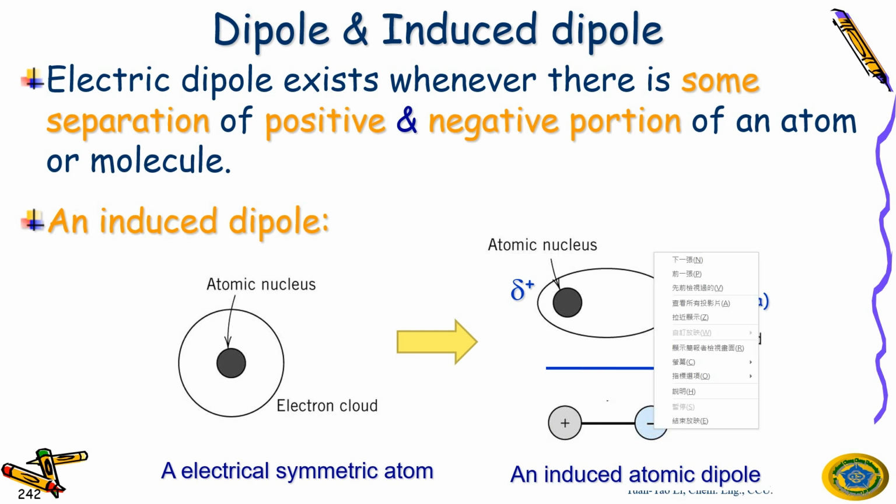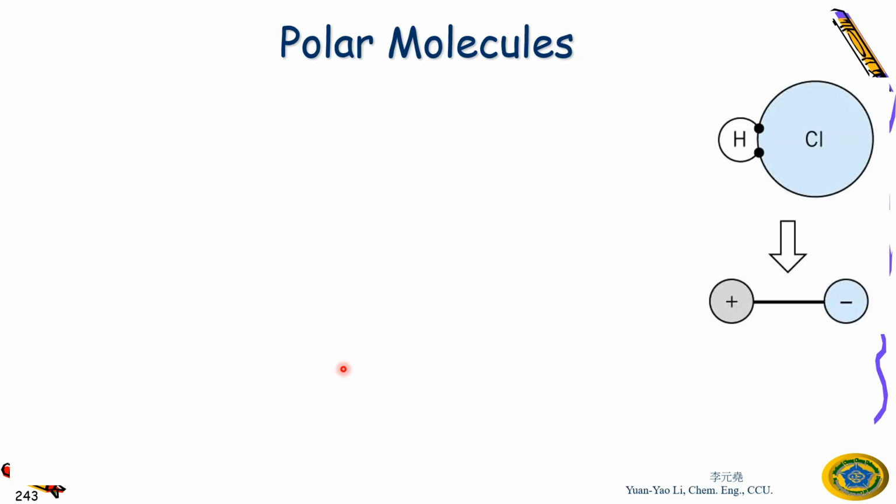So how can this happen? This is called a polar molecule, because hydrogen and chlorine become hydrogen chloride, and you know chlorine likes electrons, so the electron will be pulled toward it. Why?